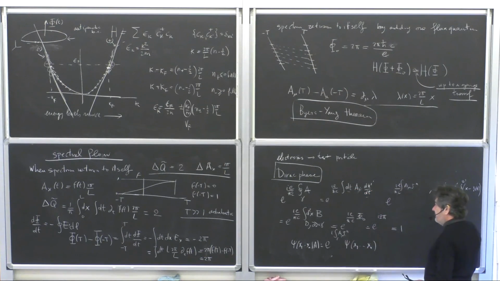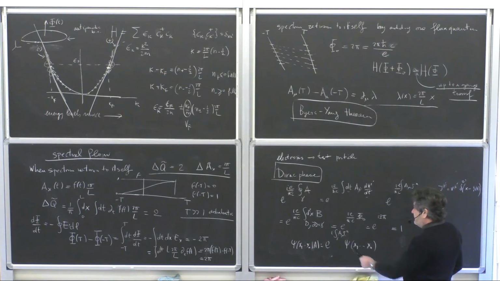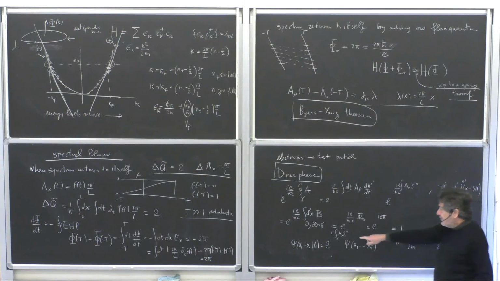So, for example, if you have a Hamiltonian which is p squared, and you do this transformation, it will go into (p minus eA) squared, by doing this formal transformation.